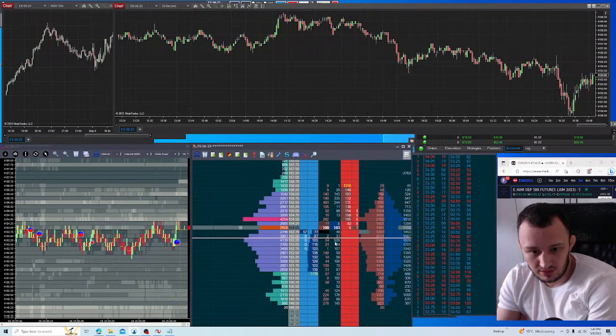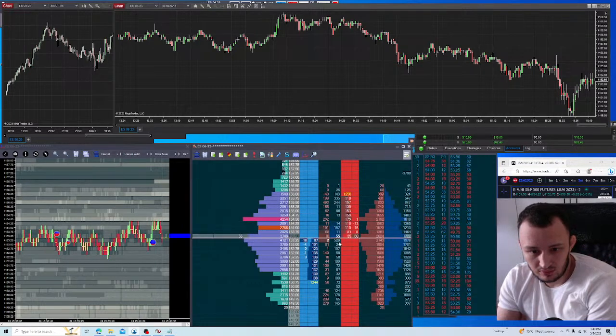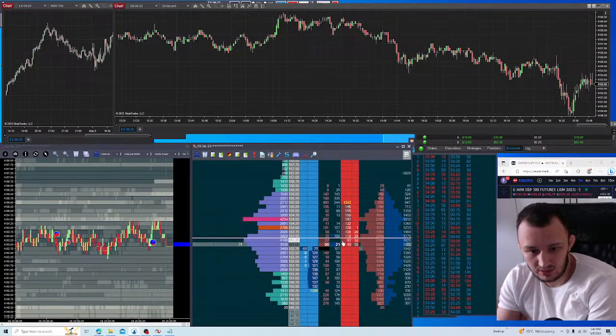Now a lot of mid-size buying is getting absorbed here. We do have a lot of sellers stuck here now. What happens here? Are those sellers getting out, or are they committing even more?